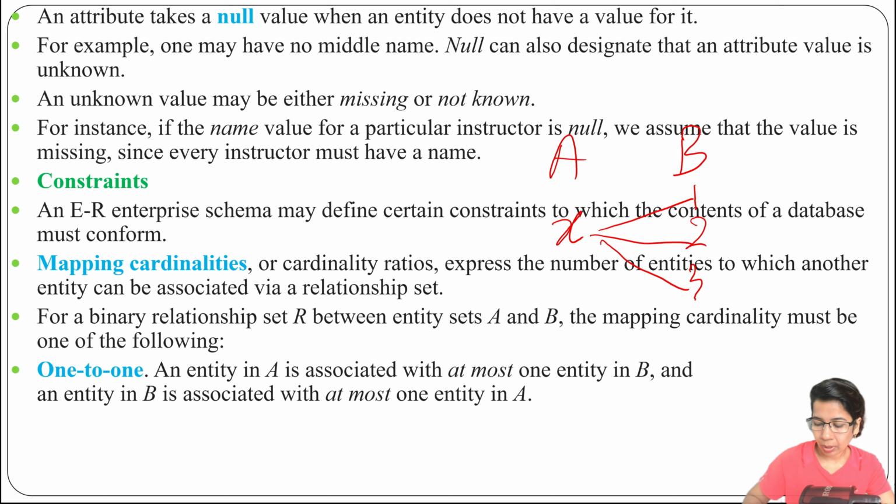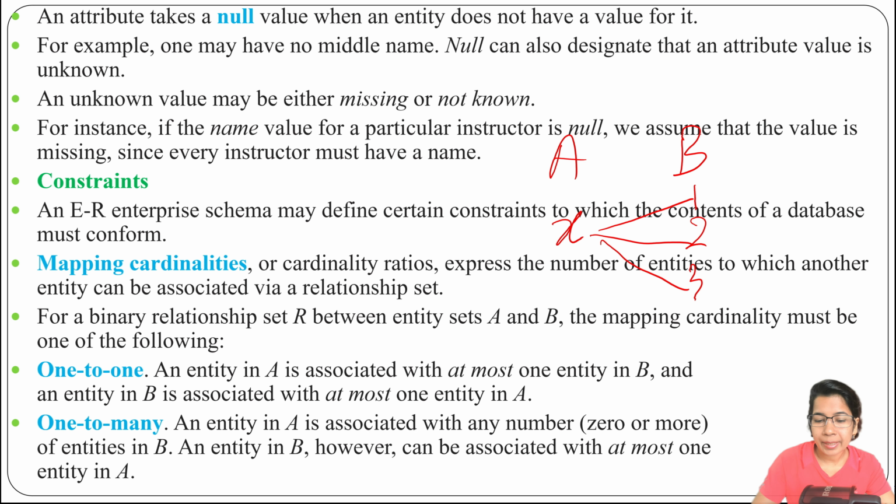So an entity in A is associated with any number, zero or more, of entities in B, whereas one entity of B can be associated with at most one entity of A. From A, one entity can be associated with many entities of B. That's why it is one to many.